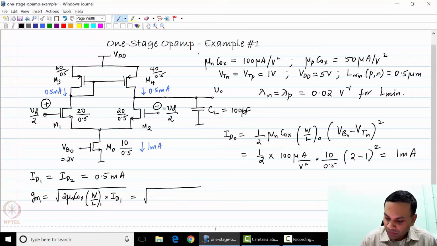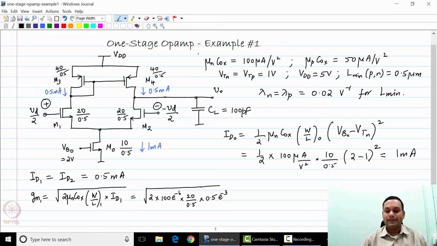This is 2 into 100 micro into 20 by 0.5 into 0.5e minus 3.